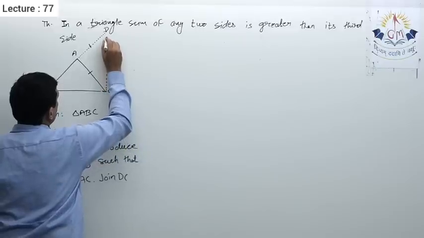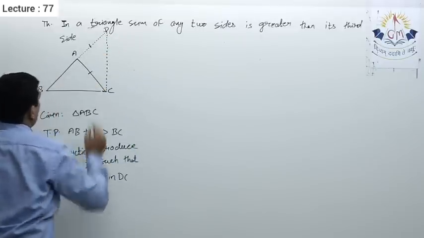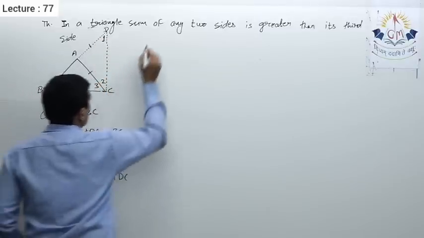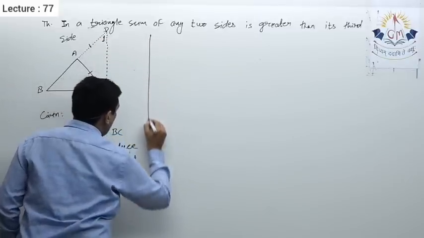Join DC. Okay, now let this be angle 1, let this be angle 2, let this be angle 3. Now we'll see its proof.